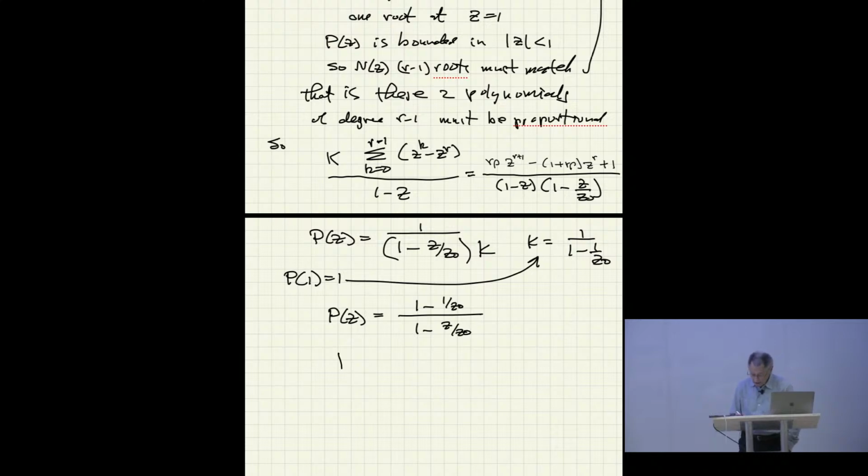And by inspection, I can invert this thing. It's a simple one-pole function. It's that constant 1 minus 1 over z0 times 1 over z0 to the k. And that's good for all k. Son of a gun, geometric again.